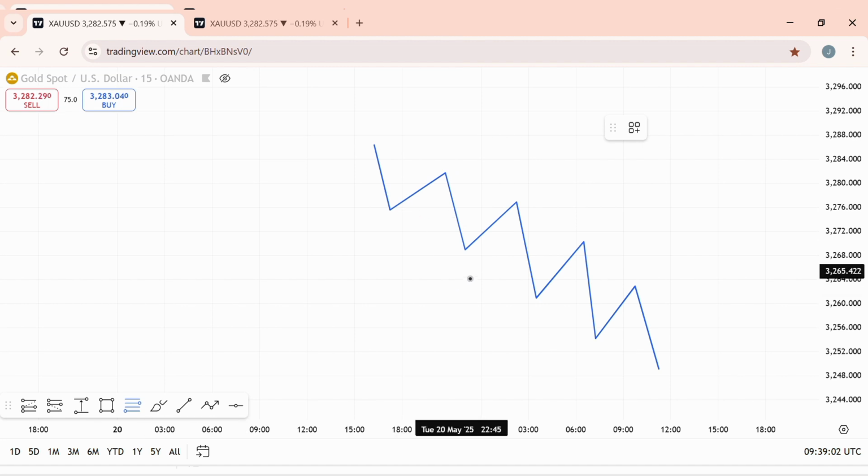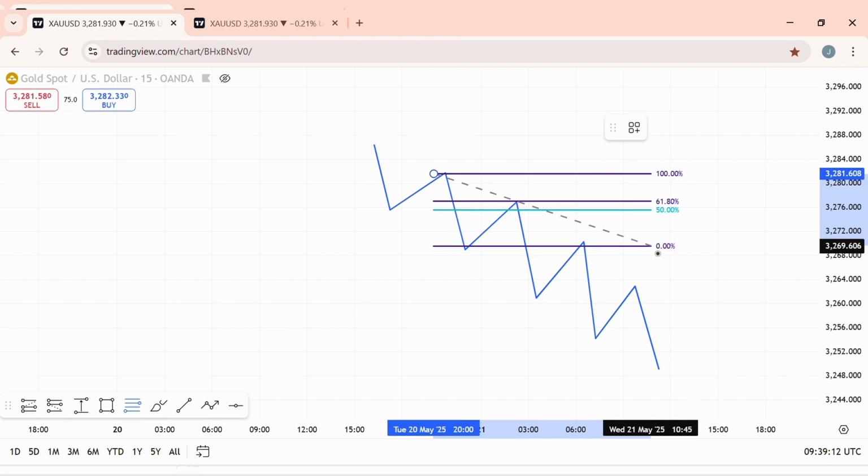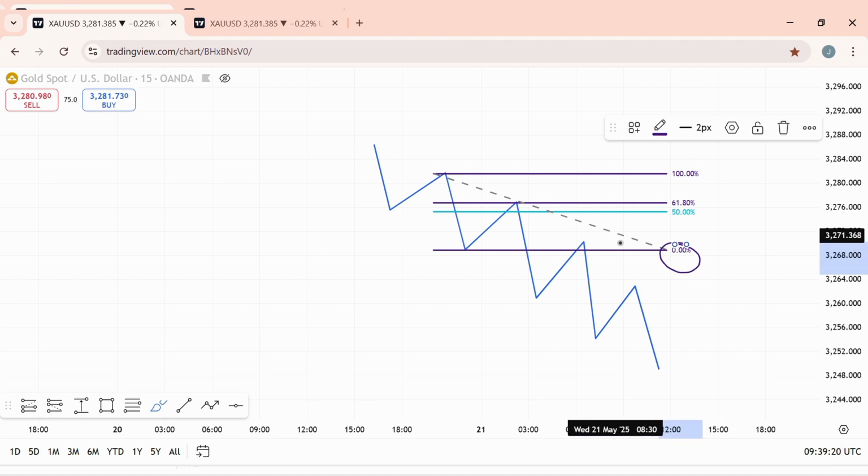In a downtrend market, the zero will be on the downside, like this. So 0 will be on this side. It's like the 0% represents the direction of the market. 100% will be on the top. Then we are interested in these two parts.